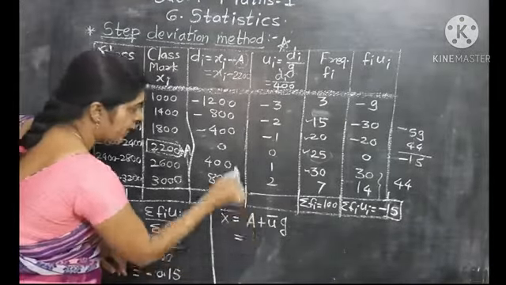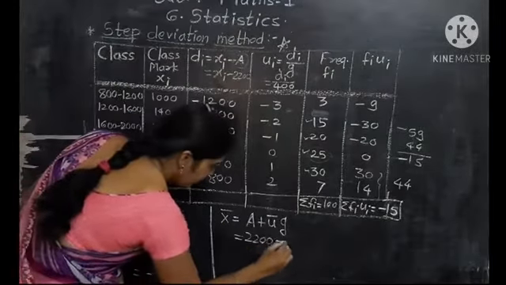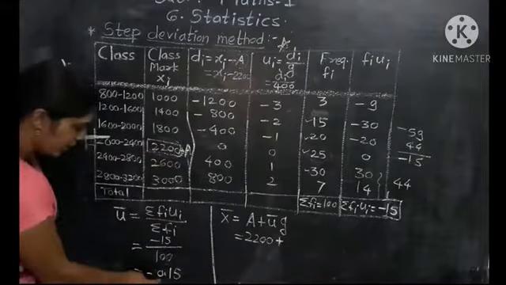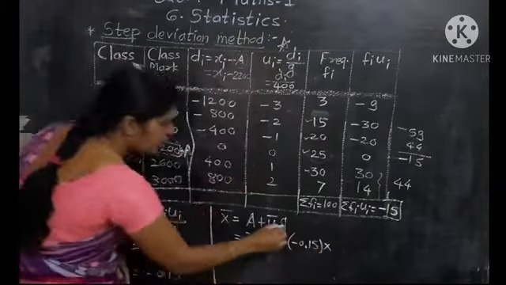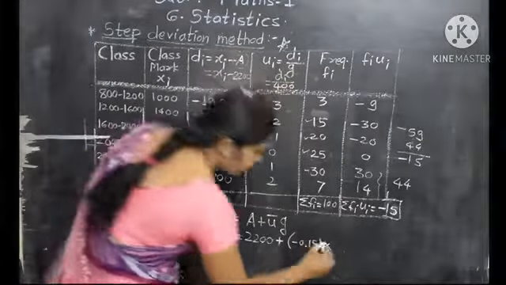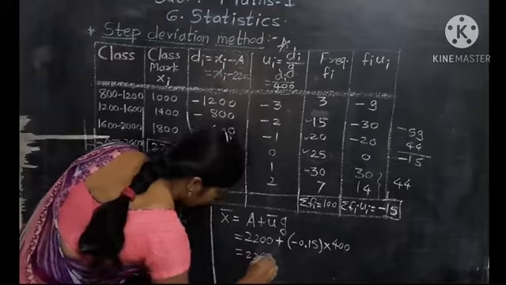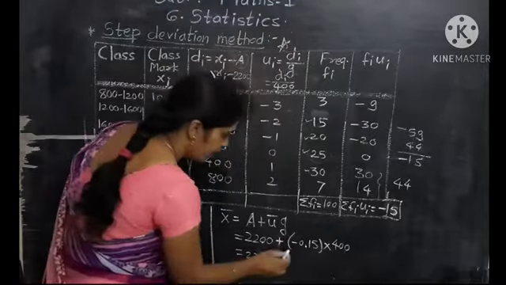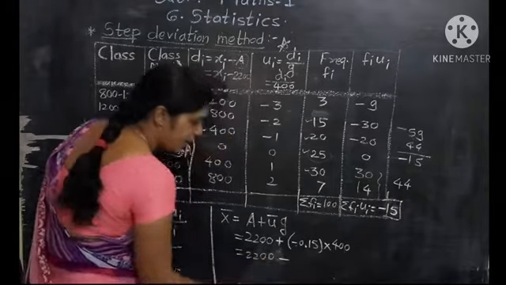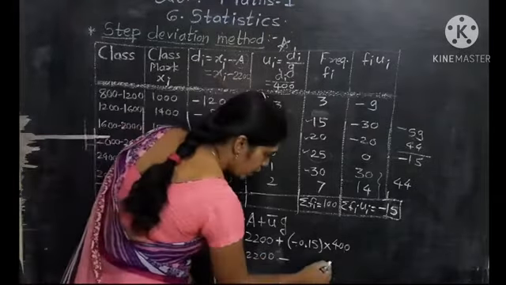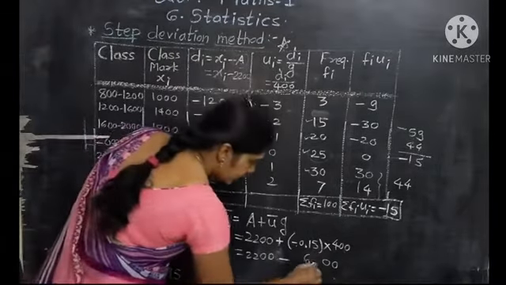Now here a is, what is the value of a here? 2200 plus, what is the value of u bar? Minus 0.15 into what is the value of g? 400. 2200 plus, see here plus minus becomes minus. Now 4 15s are 60.